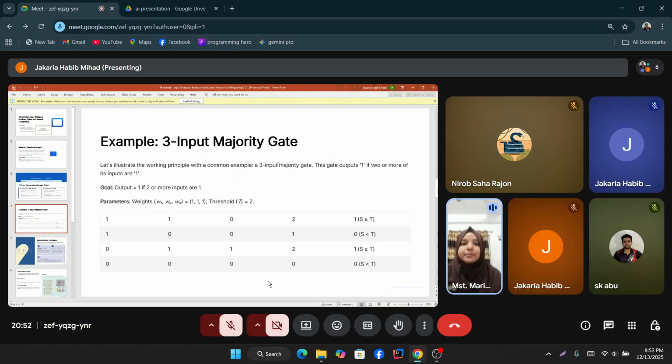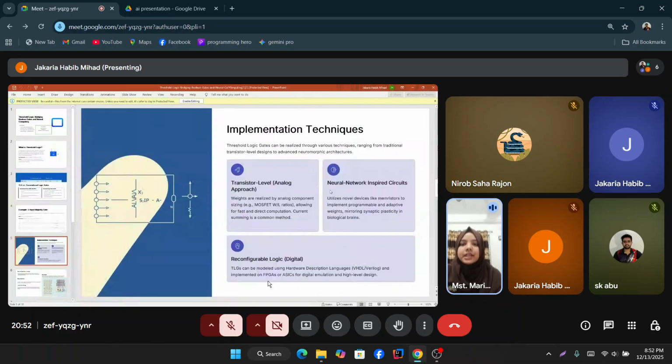This slide describes different implementation techniques of threshold logic gates. First, the transistor level or analog approach, where TLGs are implemented using analog components like MOSFETs and current summing. Second, neural network inspired circuits, which use devices such as memristors to create programmable and adaptive TLGs.